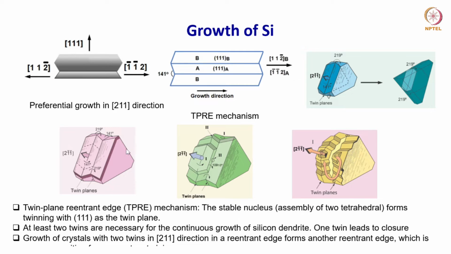Okay, and that is why when it grows in this particular direction, that is <211>, a particular kind of morphology like flake or needle that we have seen will form, because in this particular direction only it will lead to more and more of these reentrant edges, and as a result of that, more and more growth will take place in that particular direction. Okay, so this is what we understood in the previous class.